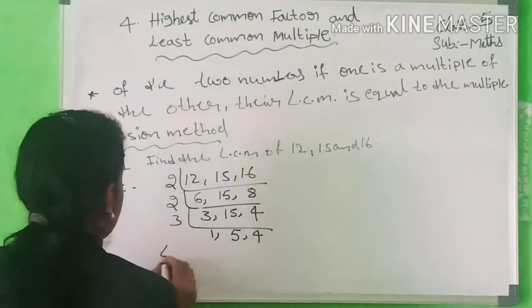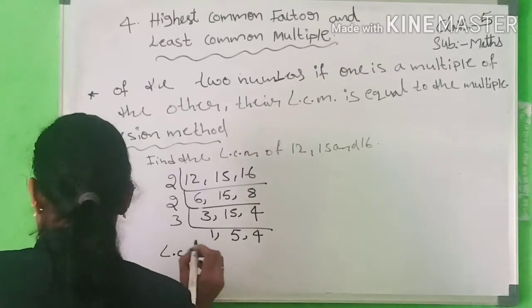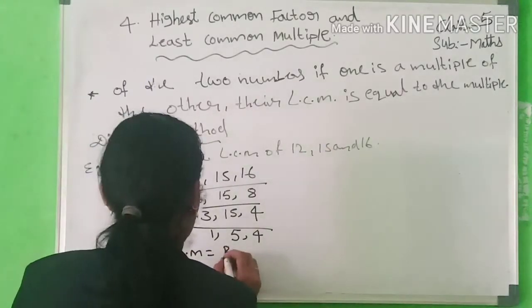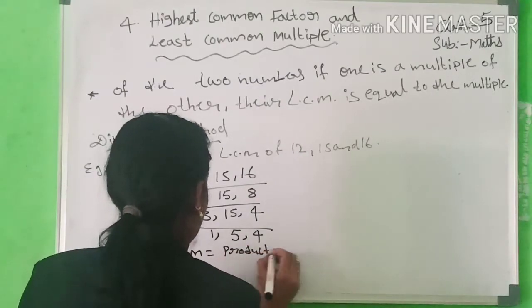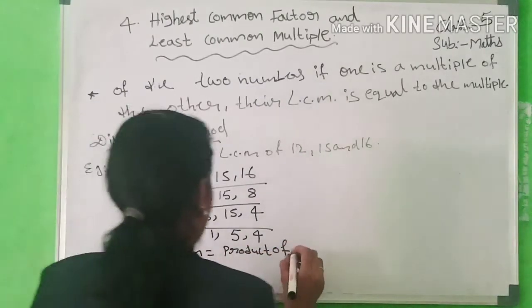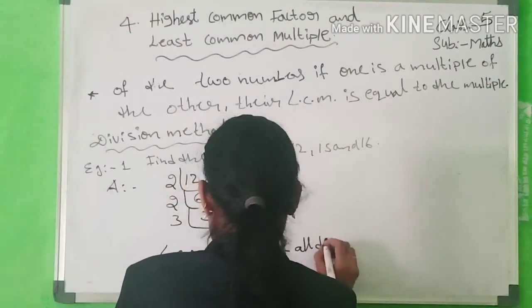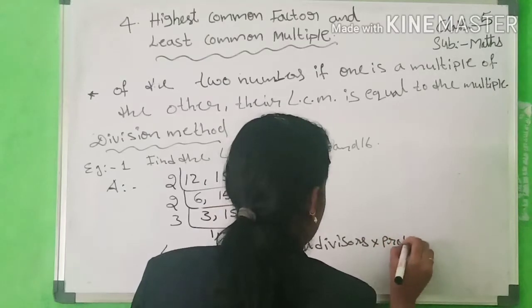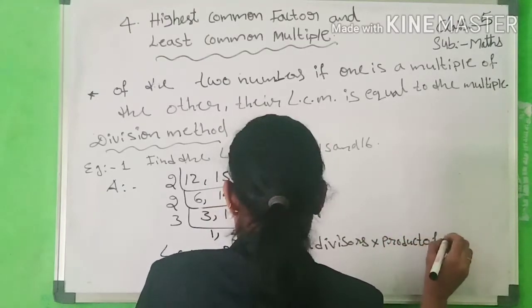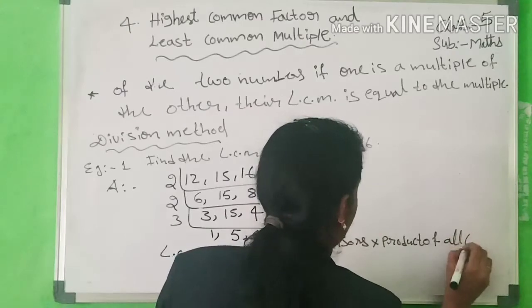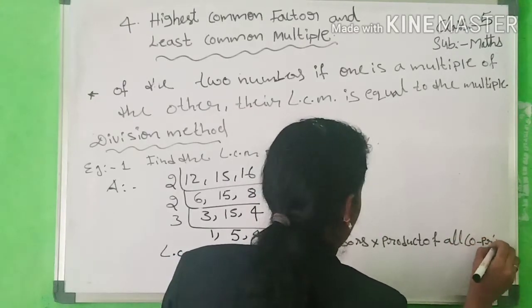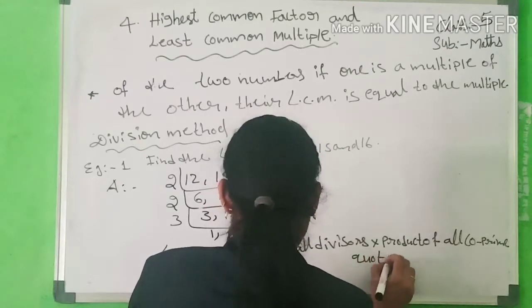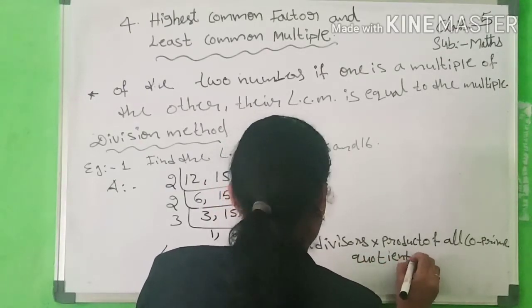Now LCM equals the product of all divisors into the product of the co-prime quotients.